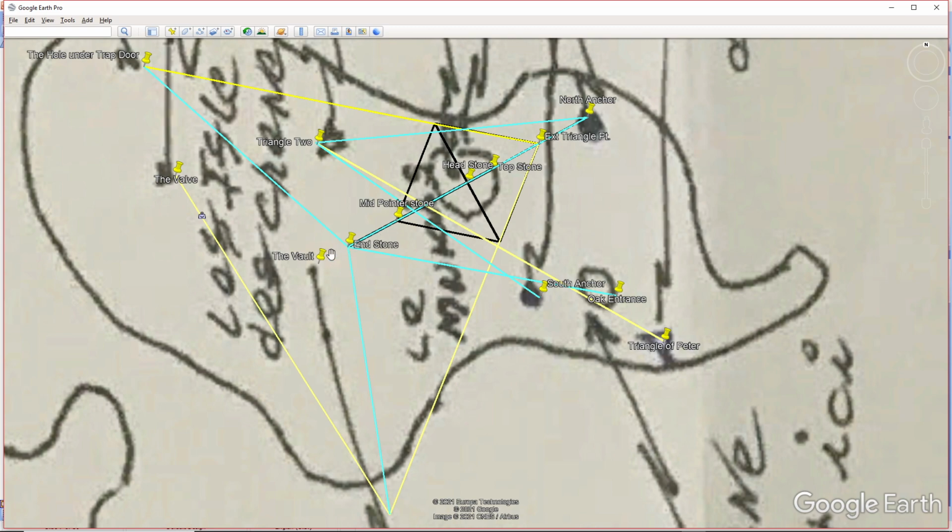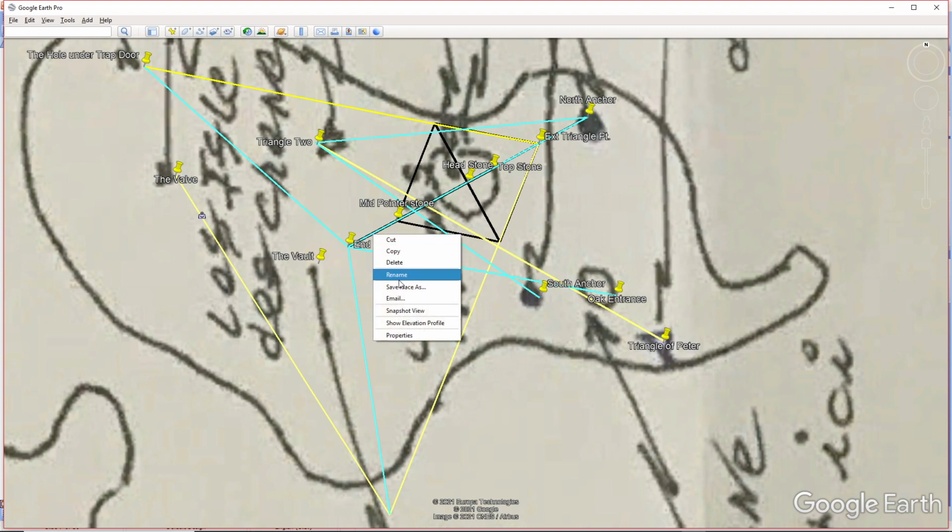See? So you take from the end stone to the north anchor. This distance right here is 1,445, basically, roughly, within 1 to 2 feet.